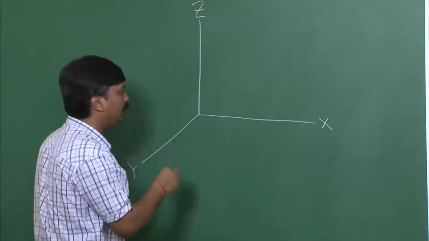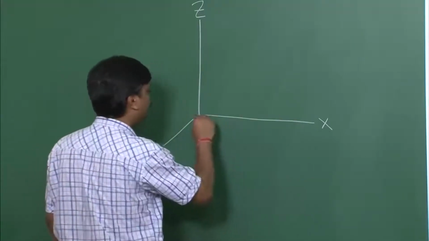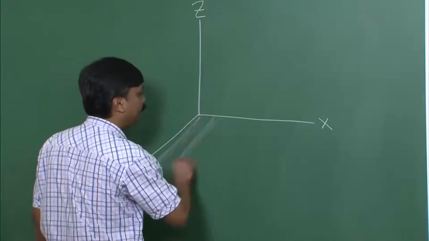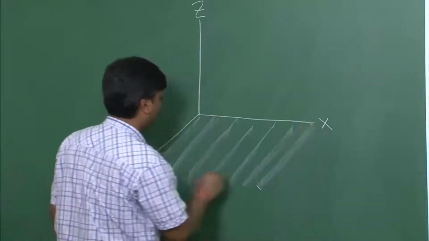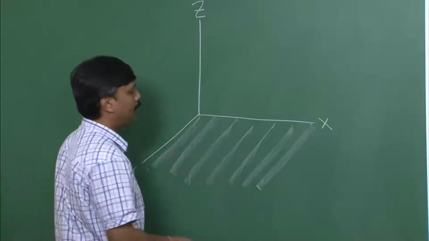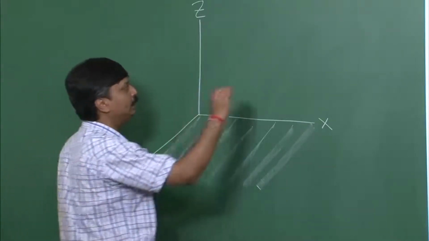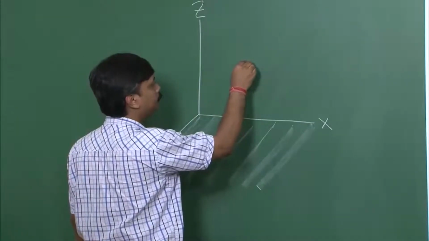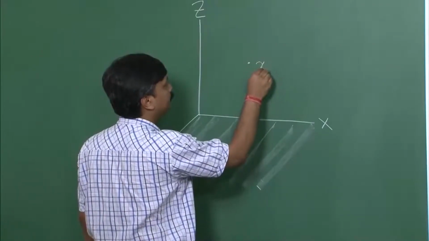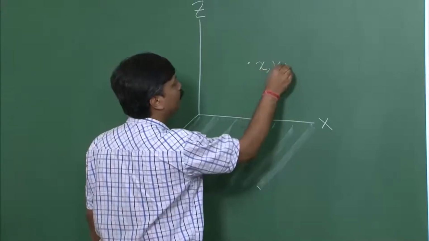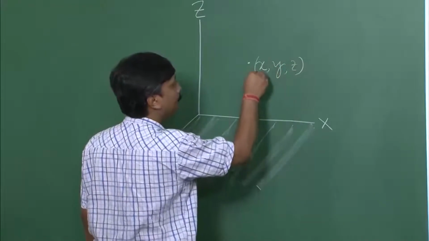Say for example I take my xy plane. So this is my xy plane. Now I have any general point here. So let me say its coordinate is x, y, z.